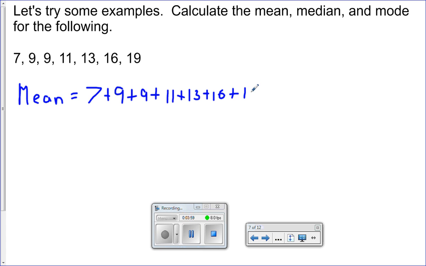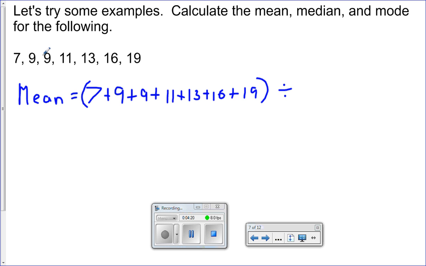And I mustn't forget, because this is along the lines of working with BEDMAS, I need to put brackets around this addition statement so that I remember that I have to add everything first before I divide.